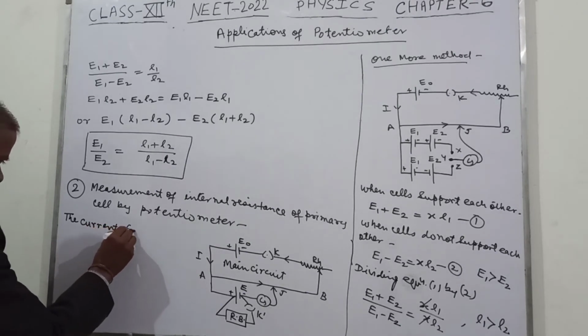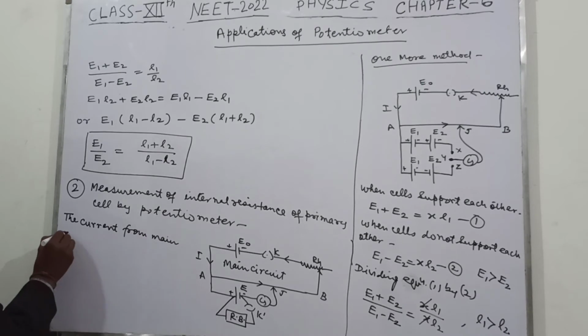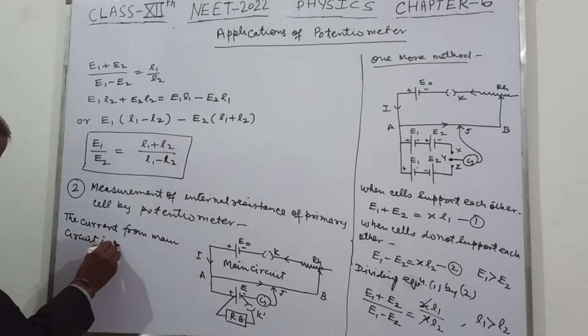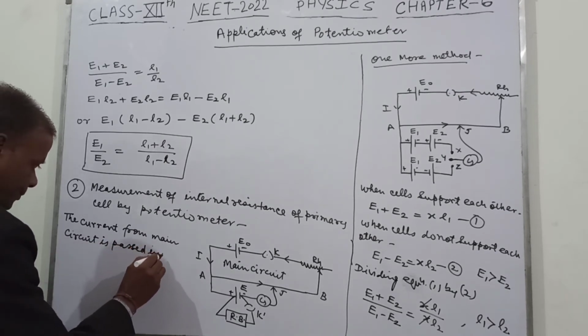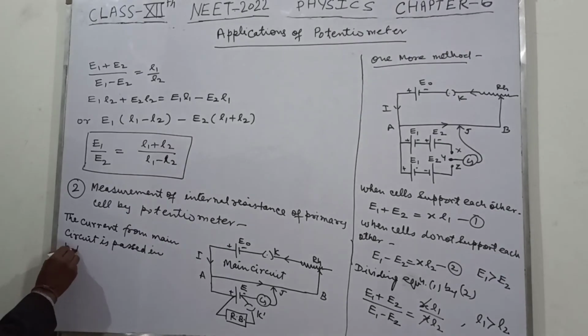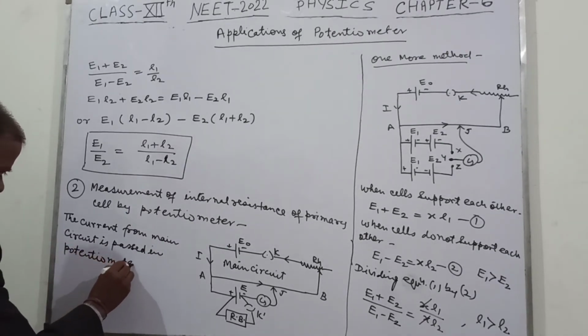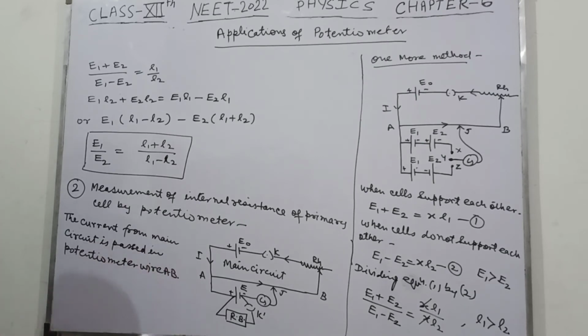The current from the main circuit is passed in potentiometer by AB.